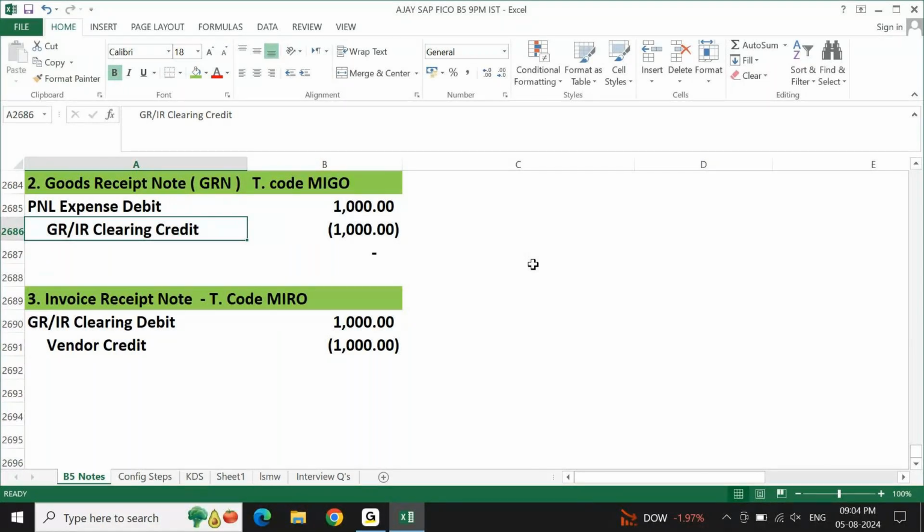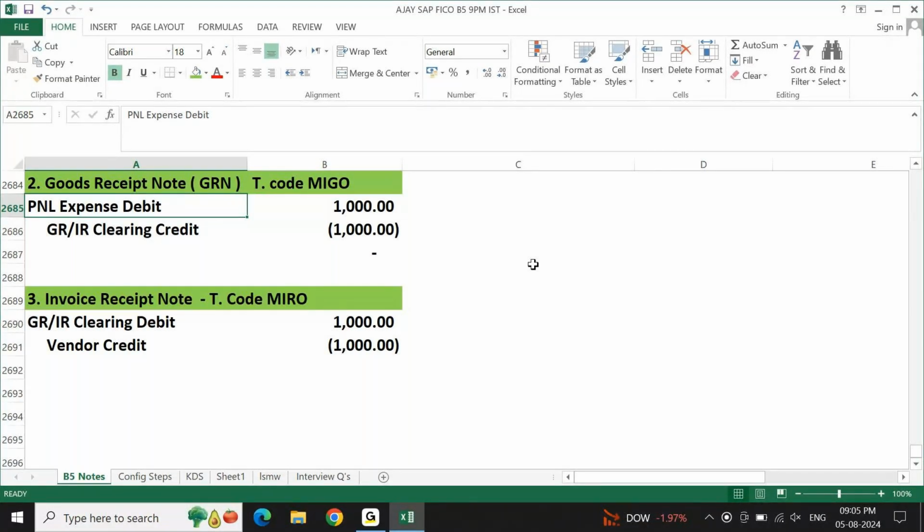Make a note, in the P&L expense account, you can replace it with any expense account for which you are receiving the service. I may say that I am receiving auditing services, I am receiving catering services, I am receiving printing and stationery, I am receiving mechanical services, I am receiving advisory services, I am receiving consulting services.